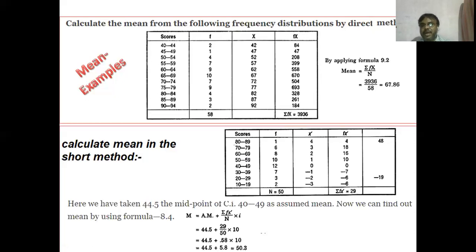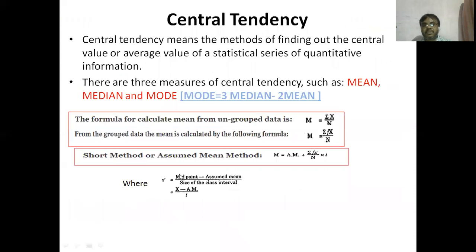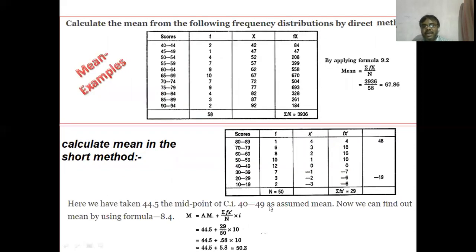X dash is computed by the midpoint minus assumed mean by the size of the class interval. Using this, we calculate the x dash, and once calculated, you multiply f with x dash and finally take the summation of fx dash, divided by the summation of n, which is 50 already, and i is the class interval, which is 10.